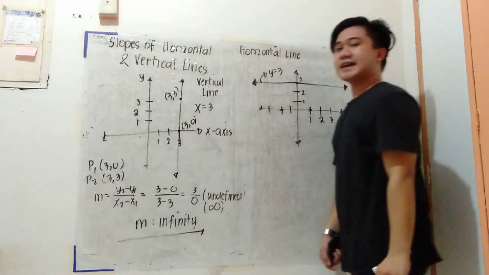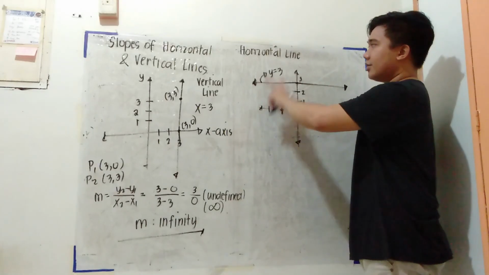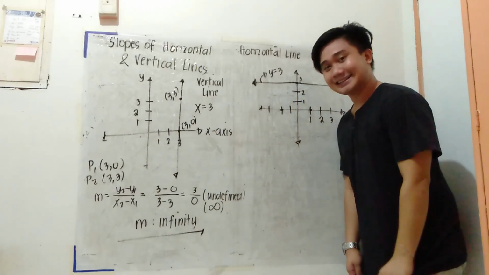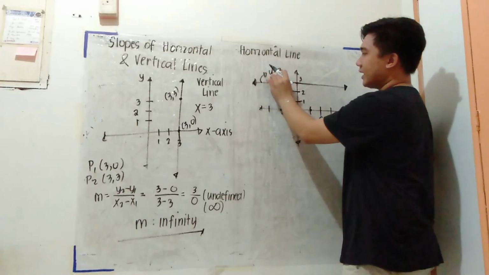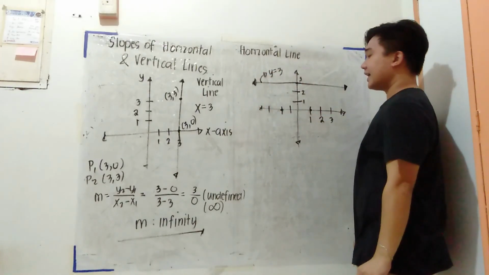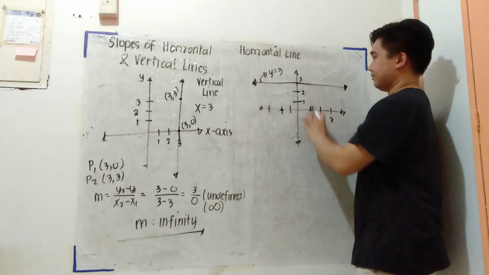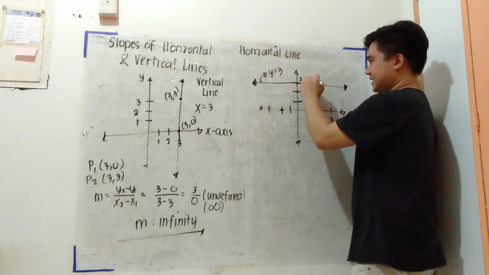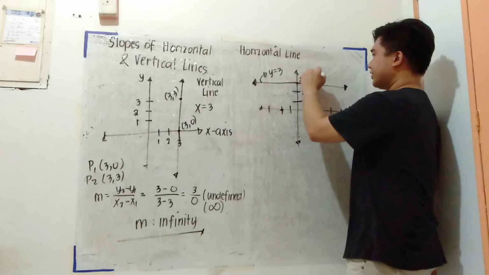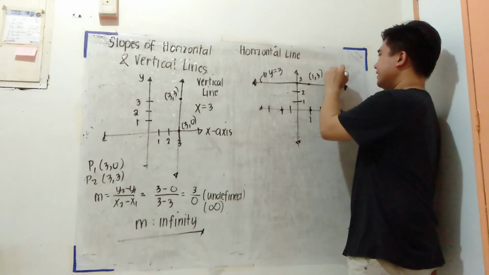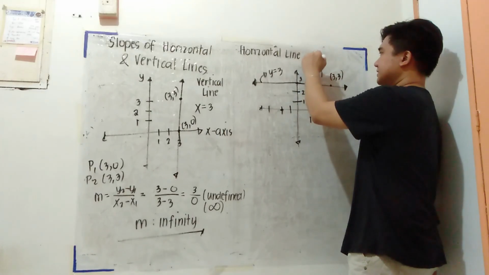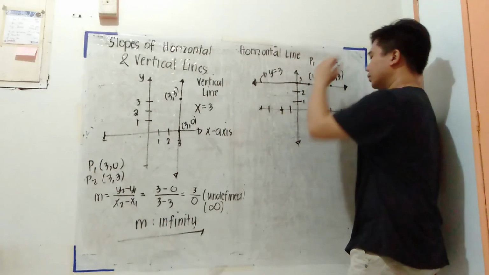Okay? Next guys, paano naman kung meron tayong horizontal line? Okay? So, ang equation ng line natin na to ay y equals 3. Kumuha tayo dito ng mga points. Let's say this is (1, 3) and (3, 3). This is point 1, this is point 2.